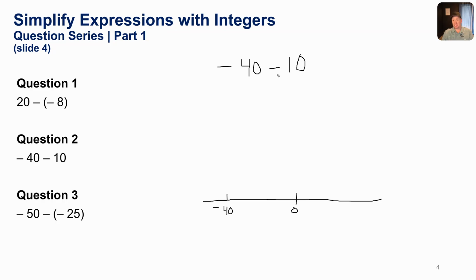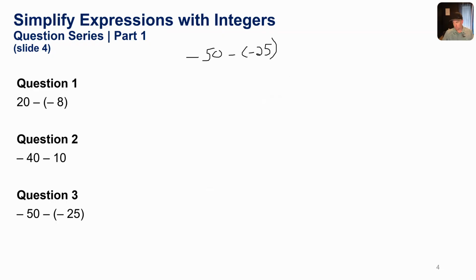In money, we would be spending $10. So I'm going back to the left then, 10 units, and I'm getting further away from 0 now. So I'm going to end up at a -50 after subtracting a +10. Okay, so that's question 2.